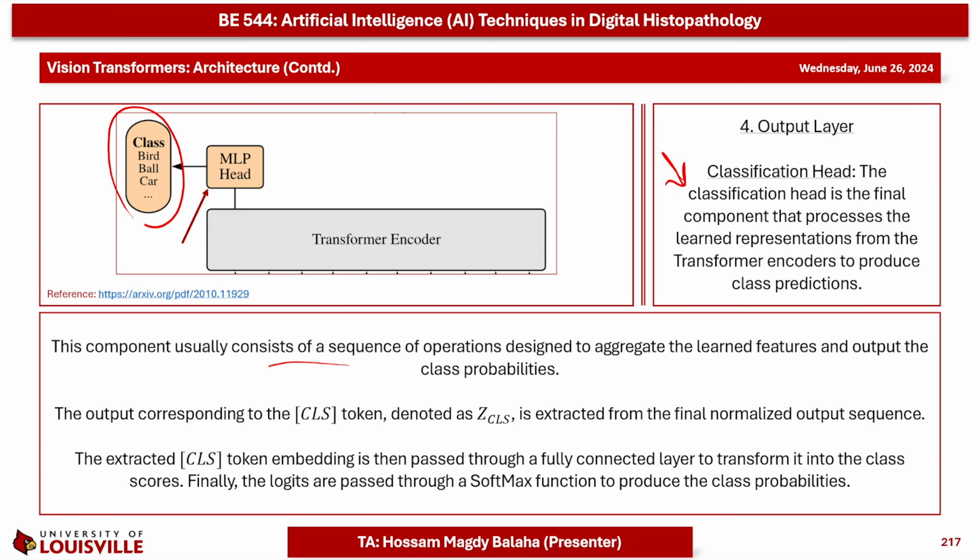To get the classification output, the CLS token is extracted from the final normalized output sequence. Then this token embedding is passed through a fully connected layer to transform it into the class scores, and then the logits are passed through a softmax function to produce the class probabilities.